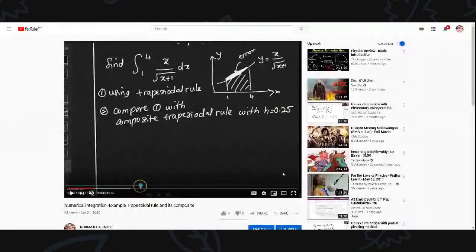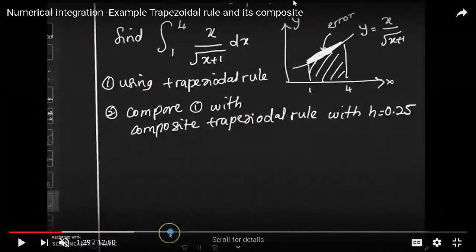Let's go to the previous part, the example for the trapezoidal rule. We want to solve the integral between 1 to 4 of the function x divided by x plus 1, the area below the graph y equals x divided by x plus 1.